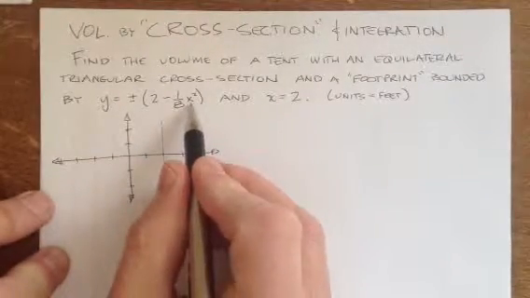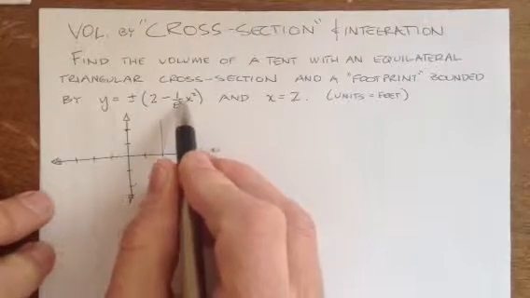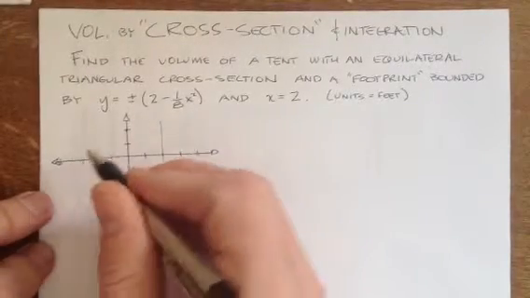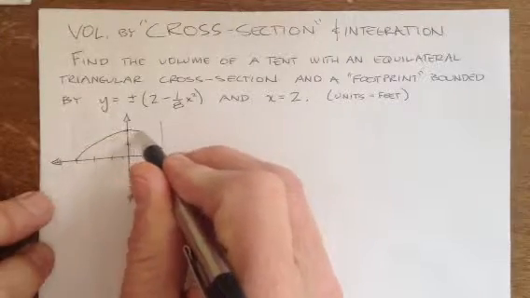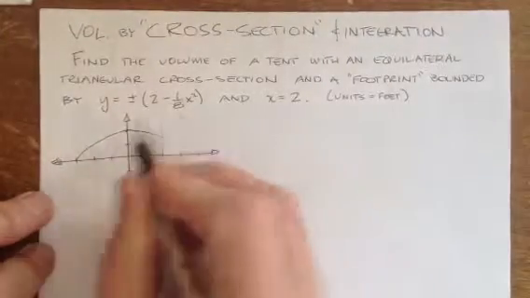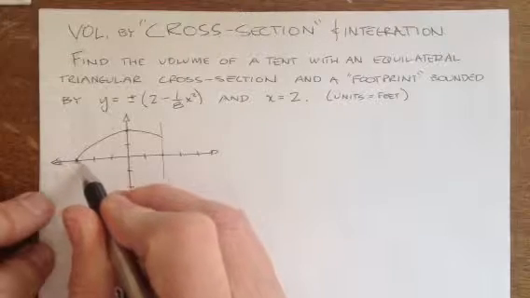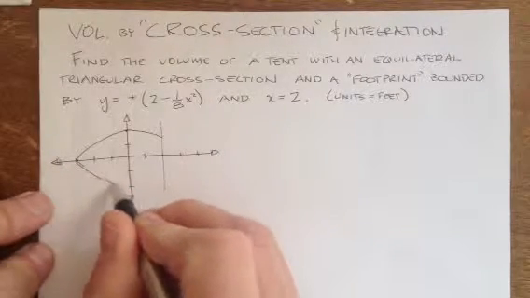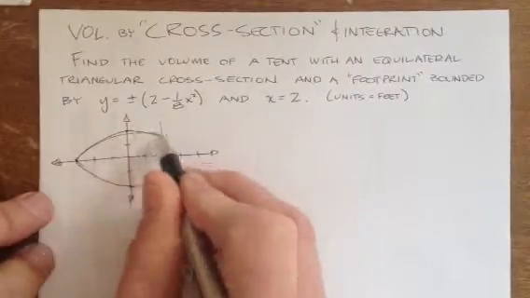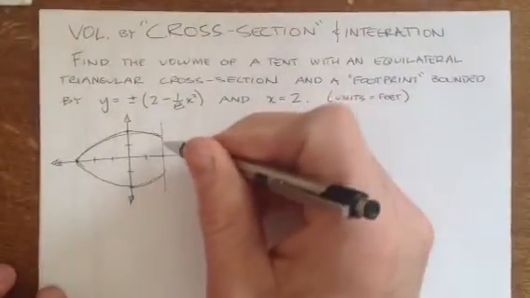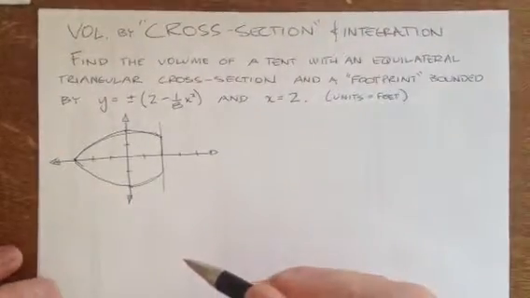If we plug in -4, that gives us positive 2 minus 2, so it's going to be a parabola that goes like this, opening down, and then the mirror image going like this, opening upwards. So that's the footprint of the tent, but it has cross sections that are equilateral triangles, like many tents might.